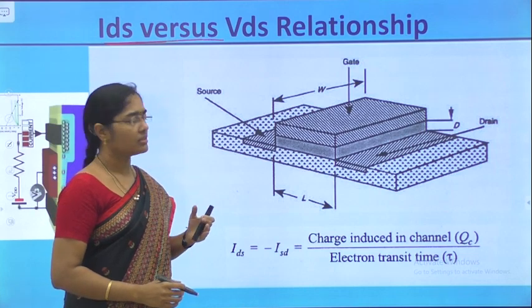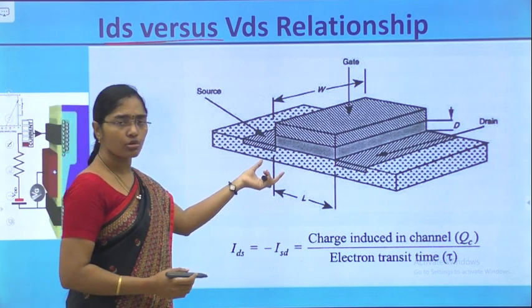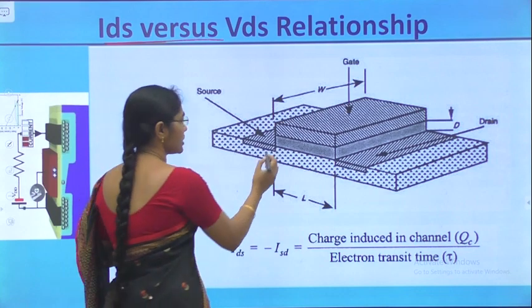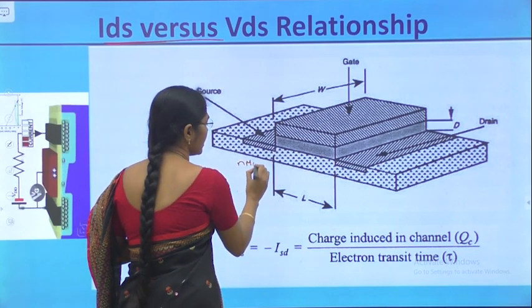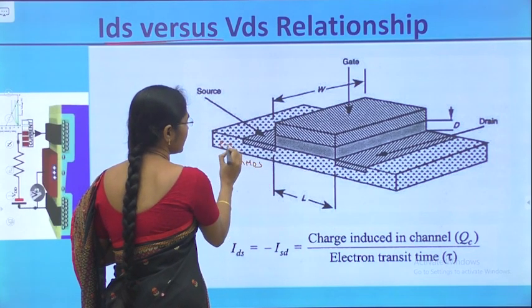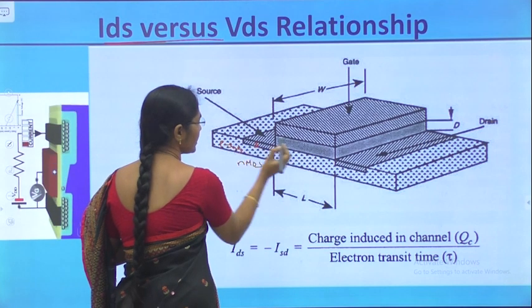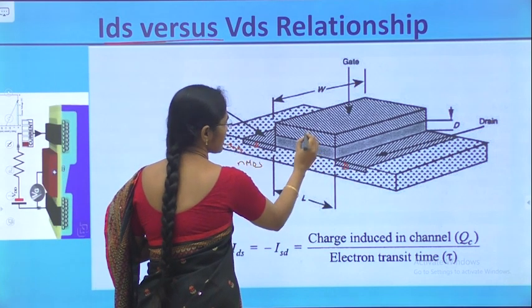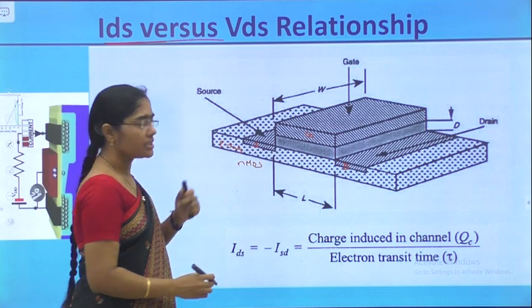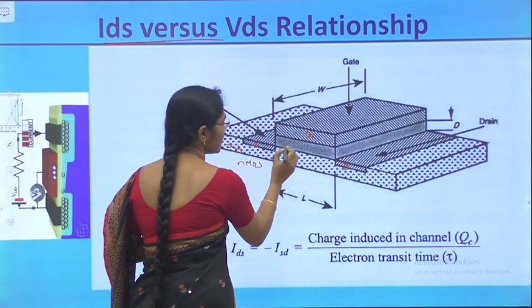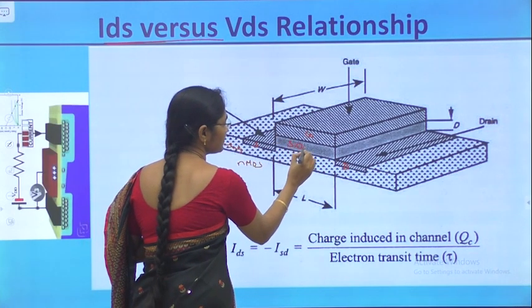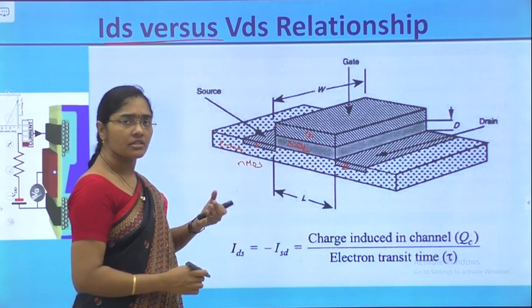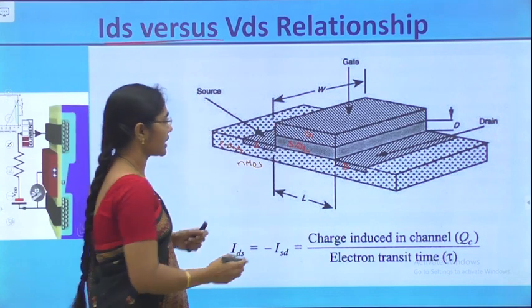For this, let us take the 3D model of our nMOS transistor. So assume this is nMOS transistor and substrate is P-type and it is a source part, it is a drain part and this is the gate part. In the structure, we are going to have oxide layer. So this is SiO2. Here, dimensions are important to derive the current.